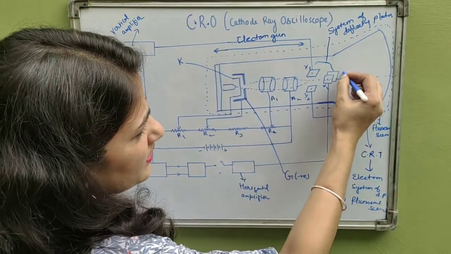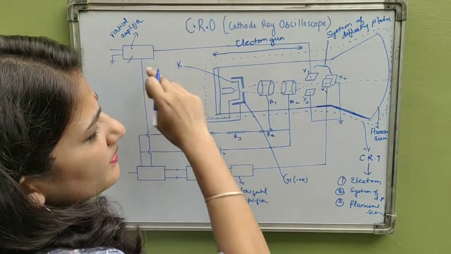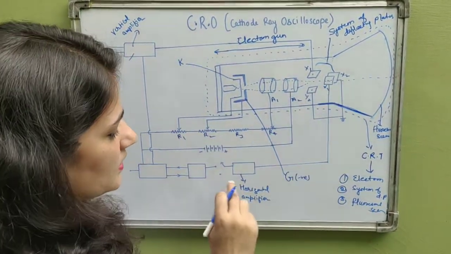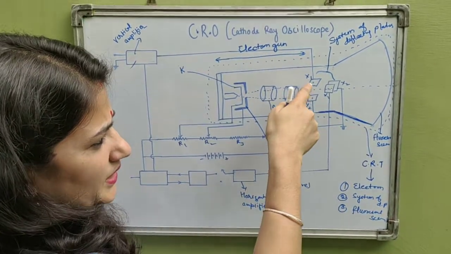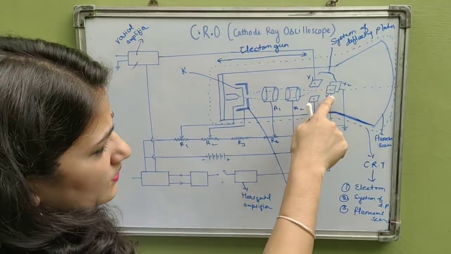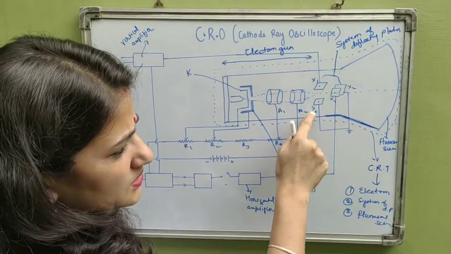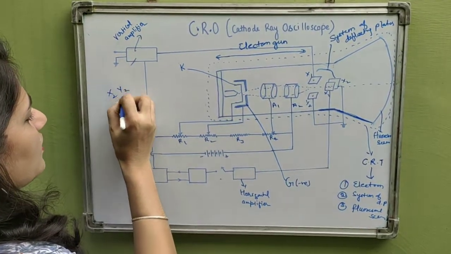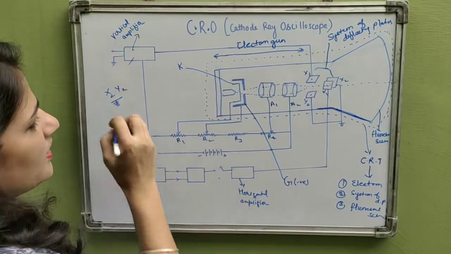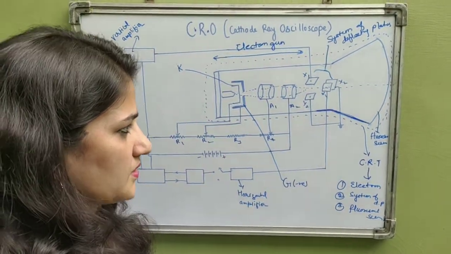This is X1 and X2. So the Y1 plate is connected to the vertical amplifier, the X1 plate is connected to the horizontal amplifier, and the other plates, X2 and Y2, are connected to ground. Means X2 and Y2 are at ground potential, and X1 and Y1 are connected to the amplifiers.